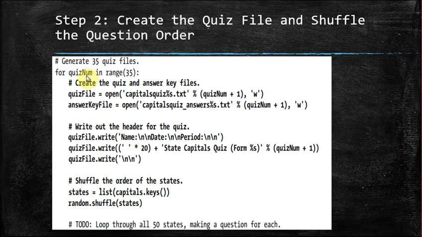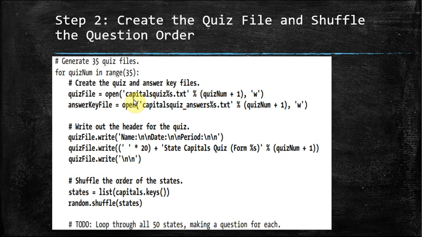Okay, so you can see here range 35, create the quiz as well as answer key file. So what we are doing here is creating the quiz file as well as the answer key file. You can see here quiz file is equal to open. Your name of the question paper will be capitalsquiz, and after this you have %s. So this %s is nothing but quiz number plus 1. If that is quiz number, initially it will be 0.